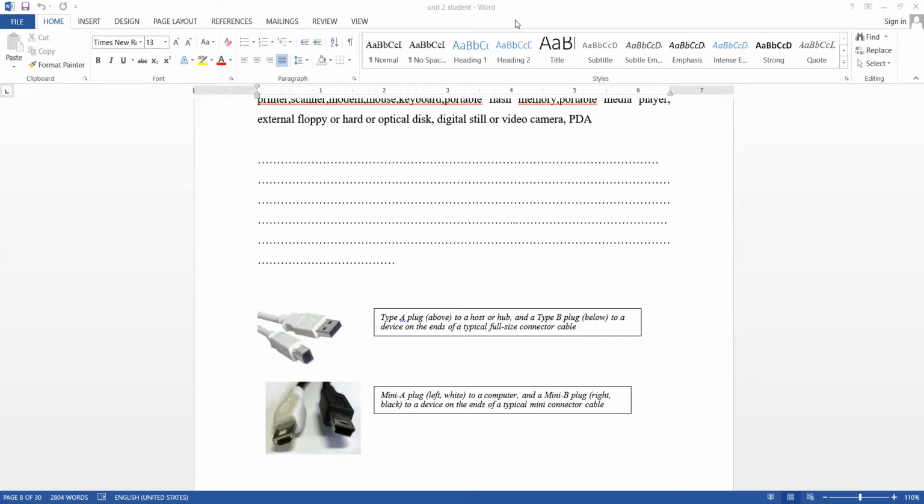Four wires in a shield cable, up to 5 meters.